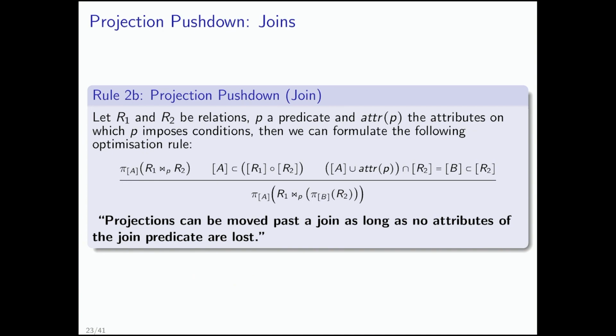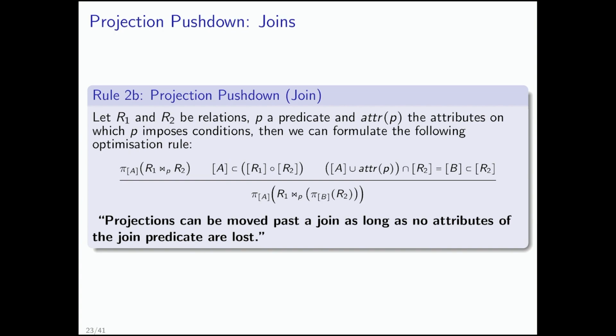Another very important transformation rule is projection pushdown through a join. I think we kind of saw it before in the example, but again here in a more formal way. So we have a join here on these 2 input relations R1 and R2 with join predicate P. Here's a projection. No, I'm confusing selection and projection pushdown. We saw selection pushdown before, now we're looking at projection pushdown.